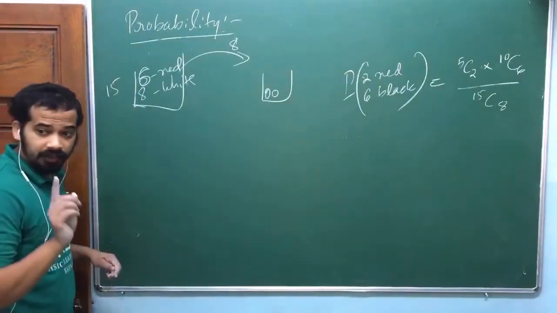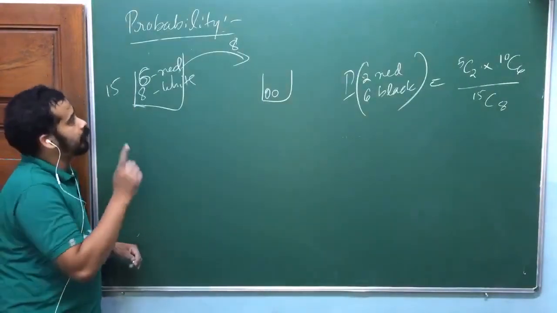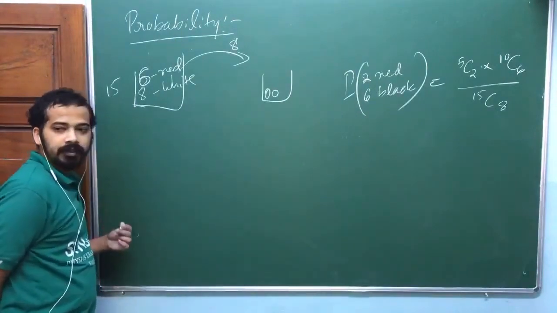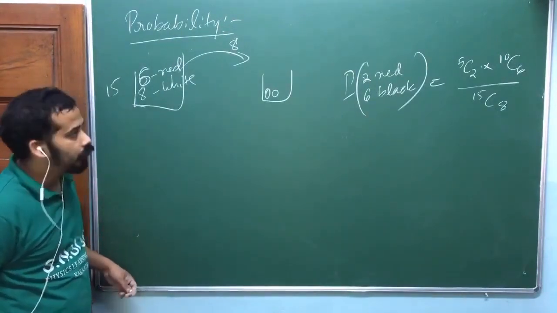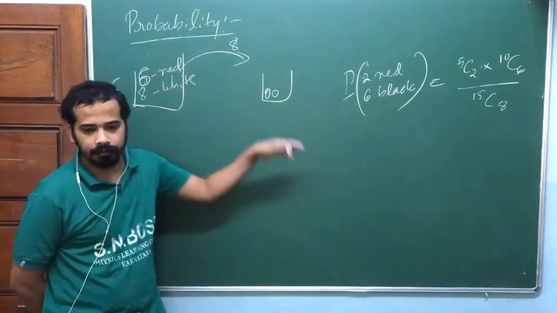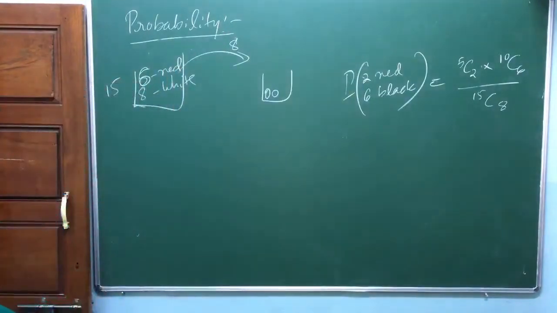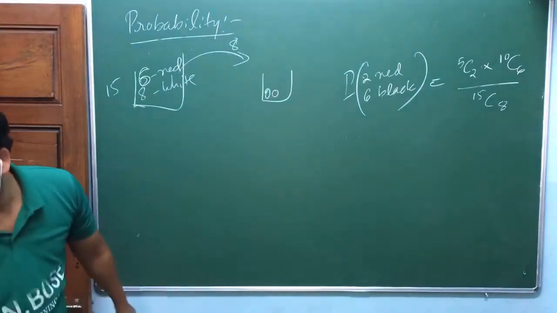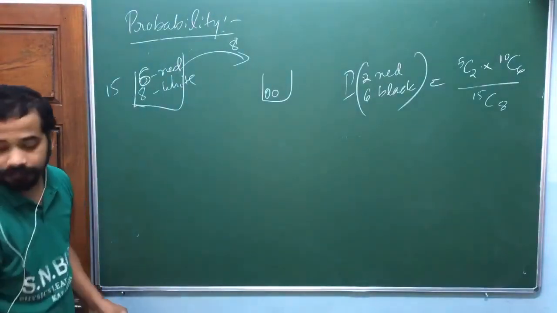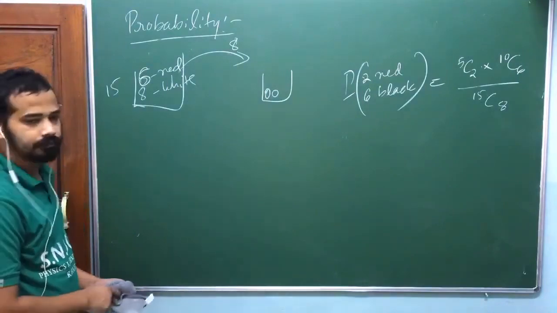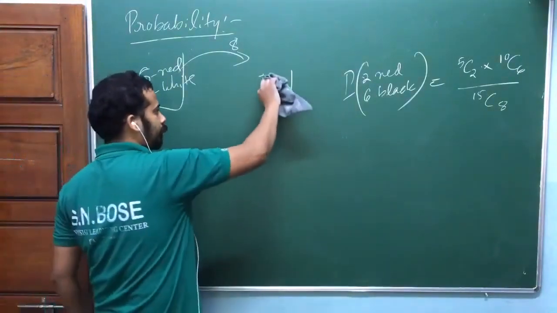Now this contains 2 probabilities: the probability that both of them are red, plus the probability that both of them are white. What is the probability of drawing 2 balls of the same color?